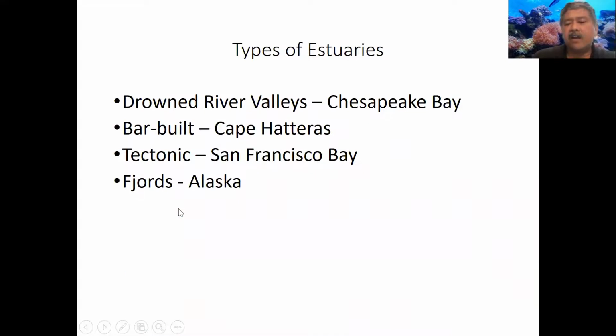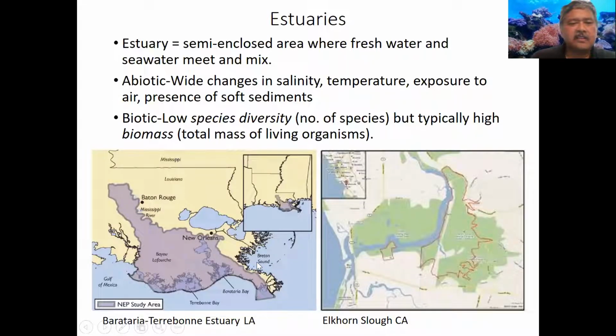So on this slide, we have a map showing you the estuary region at the end of the Mississippi River. You have the Barataria-Terrebonne estuary in Louisiana, which is most of this area here and very close to Baton Rouge there.